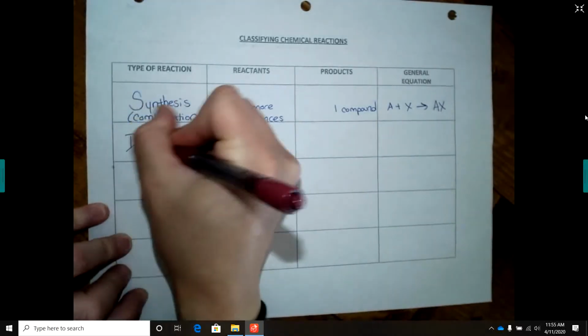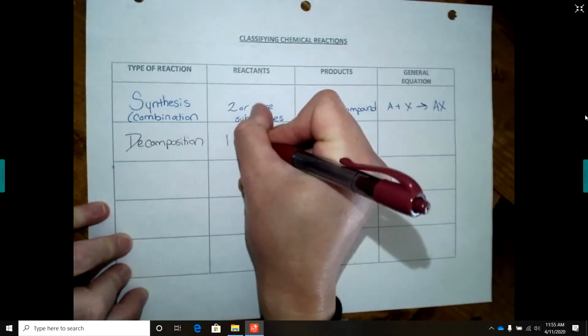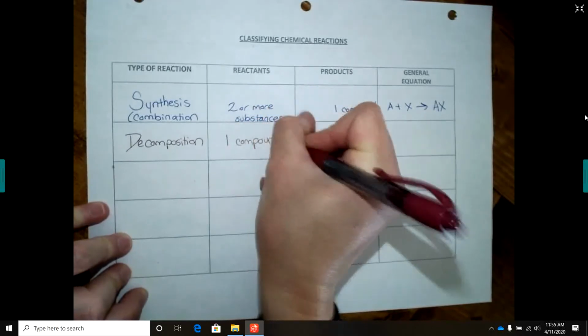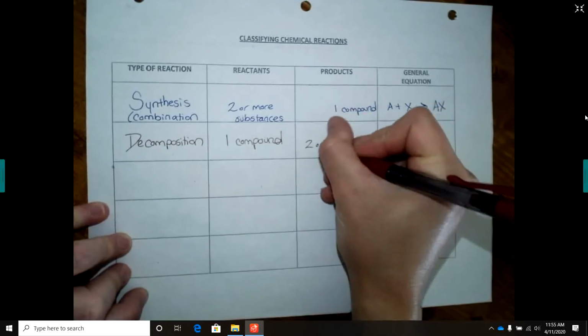All right, the second type of reaction is the opposite of synthesis, and that is called a decomposition reaction. Like I said, it's the opposite of synthesis, so you're actually going to start with one compound, and you're going to end up with 2 or more substances.